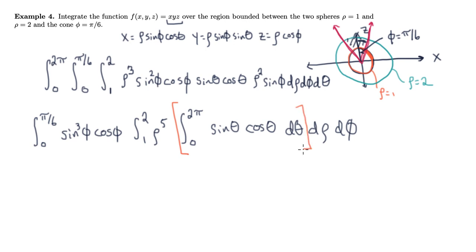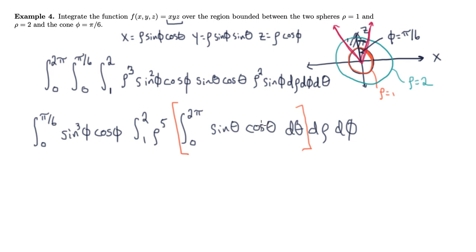And now maybe you're starting to see the clever thinking. I know that this integral is 0. And why do I know this integral is 0? Well, I could just do this integral and get that it's 0. But I don't even need to do it, right? Because sine theta is a periodic function. It has period 2 pi.